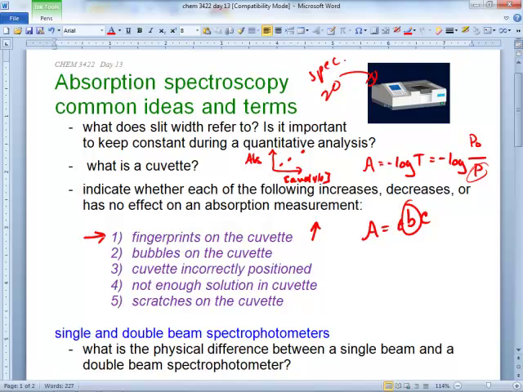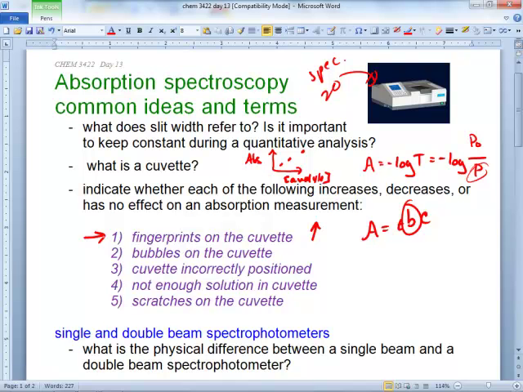The blank cancels it out, right? As long as those slots are really reproducible, that cuvette's going to slide in the exact same position every time. So that fingerprint was there from the beginning, and it's going to get blocked out by your background, because it was in there for the background. So we need more English to describe fingerprints on the cuvette making the absorbance reading go up. It has to be new fingerprints, where all of a sudden you grabbed the cuvette wrong.